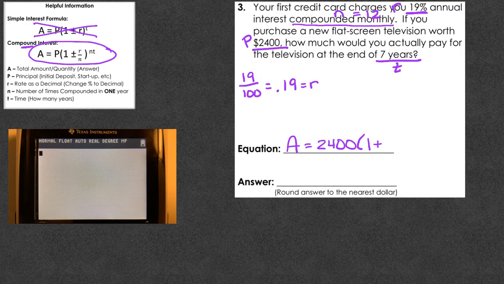So the rate is going to go in the numerator, so 0.19 over the number of times it compounds. In this case it is 12. Close parentheses, and then my exponent value, you will have 12 times your time, which was 7. And you can put those also in parentheses if you'd like. Depends on how you enter in your calculator, whatever you feel comfortable with.